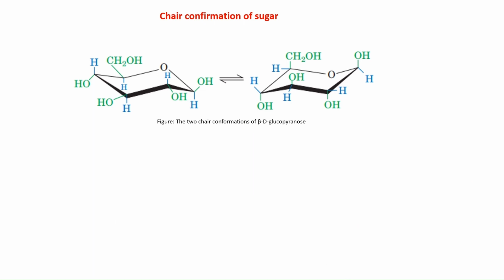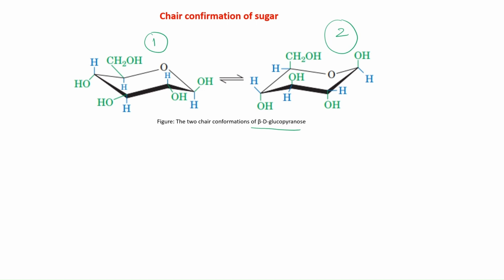Now next is the chair conformation of sugar. This is an example of beta D-glucopyranose, the chair conformation. Now we can see there are two chair conformations. This one is one and this is the second chair conformation. Among the two, one chair conformation is the dominant one. How will we find which chair conformation is dominant, in which form the sugar will be available?